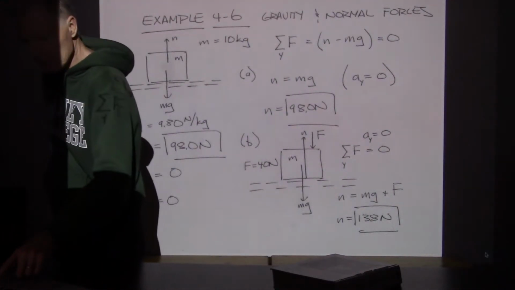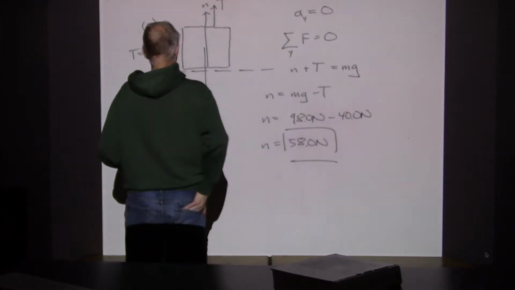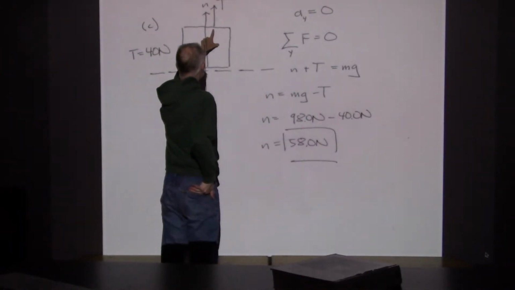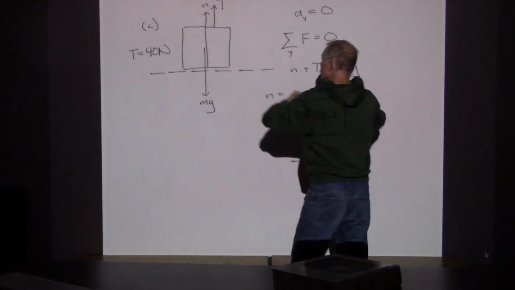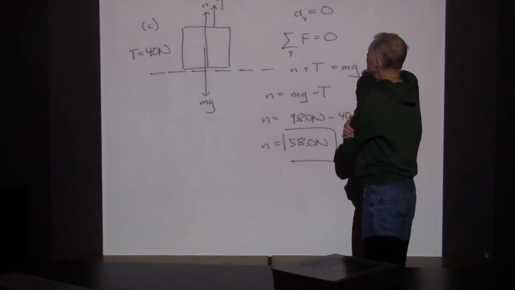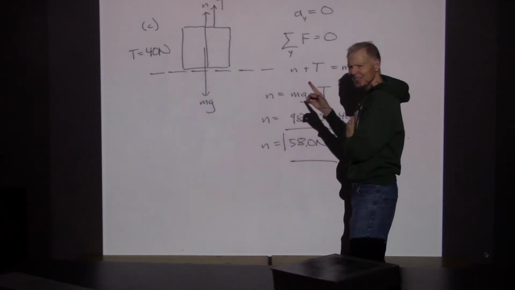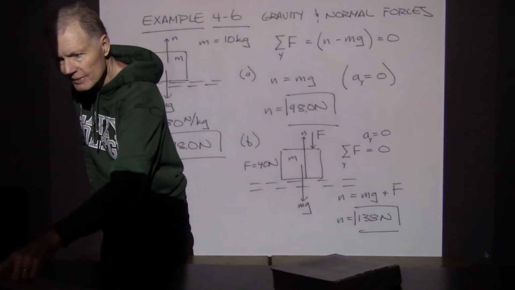Now in the last example, we're going to be lifting up. I'm going to call this tension in some kind of rope, or a string that they're lifting this up with. Do they tell us the box does not come off?